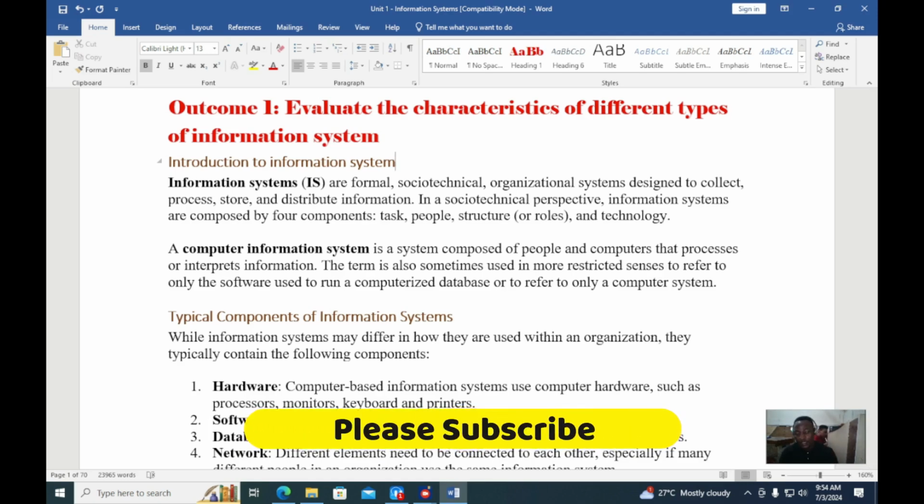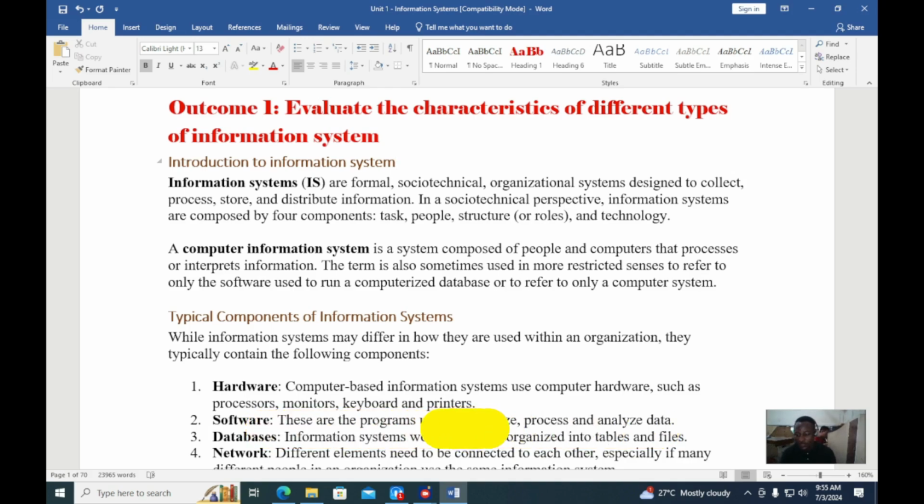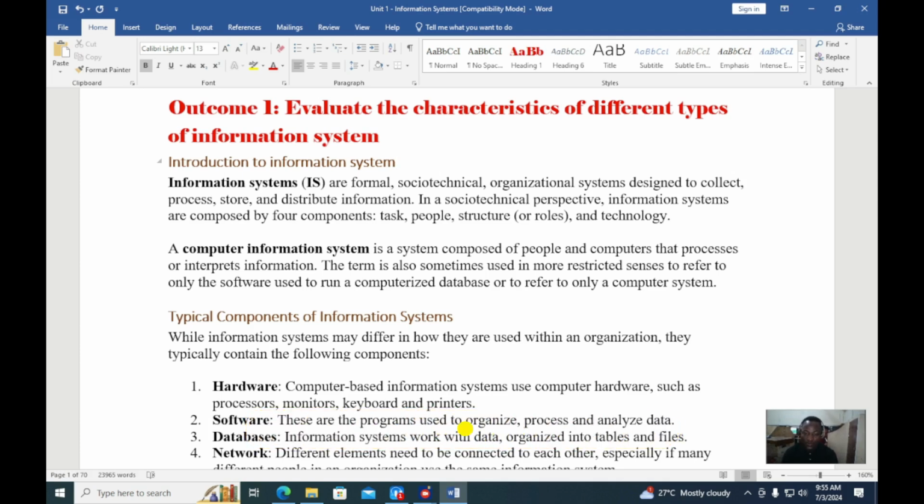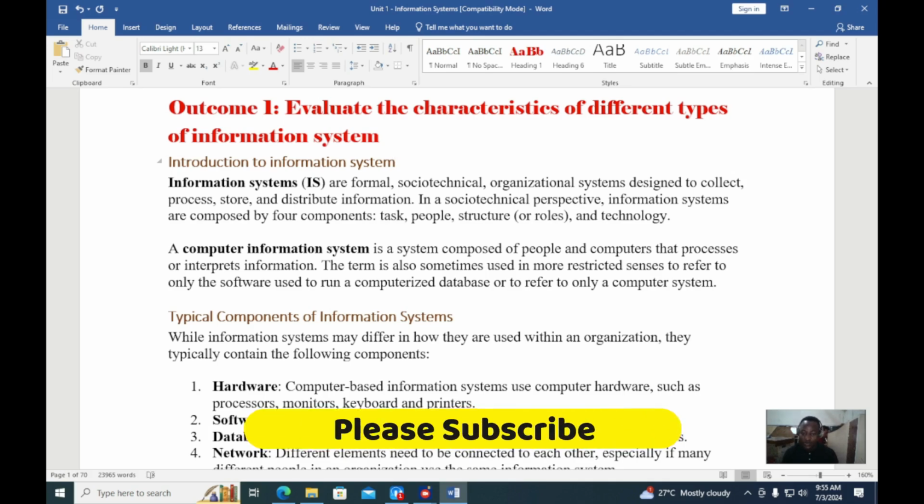Information systems are basically formal socio-technical organizational systems that are designed to do a number of things. The first one is to collect, to process, to store and distribute information.